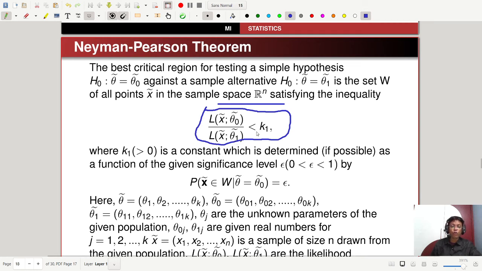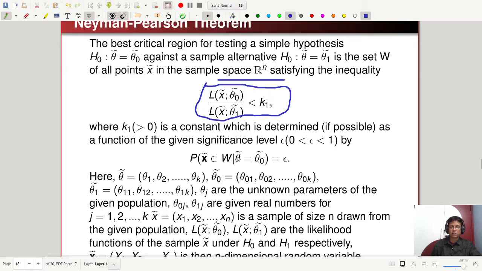This ratio would be less than k1, where k1 is a constant and L is the likelihood function. And k1 is a constant to be determined as a function of the given significance level epsilon by the probability of x̃ belongs to W such that θ̃ equals θ̃ naught, equal to epsilon.